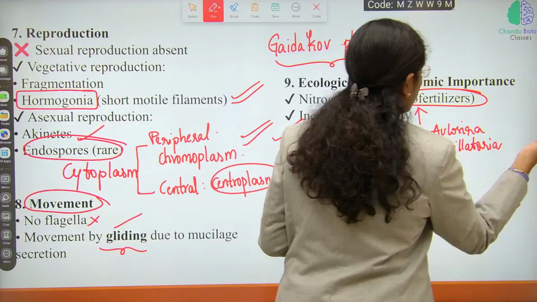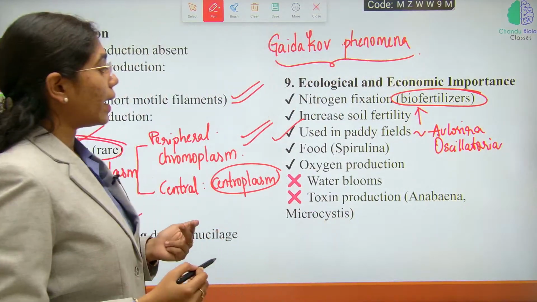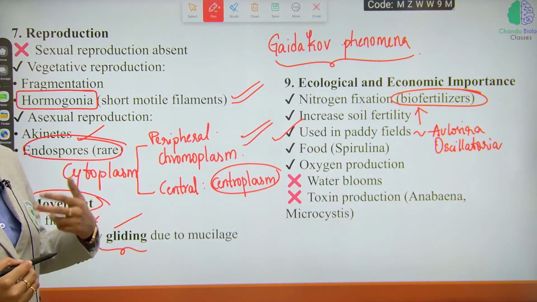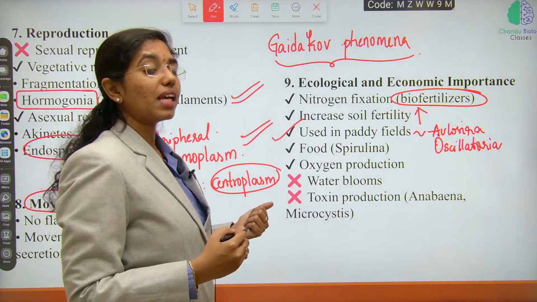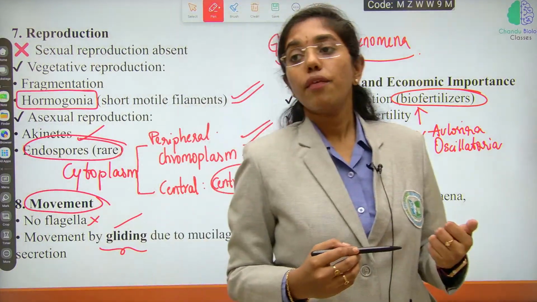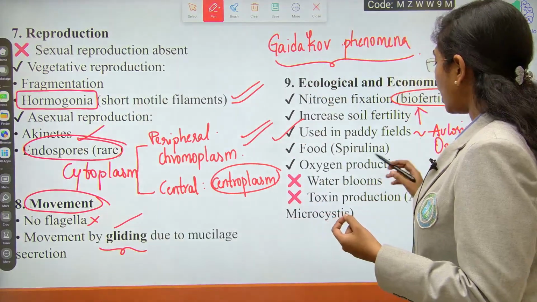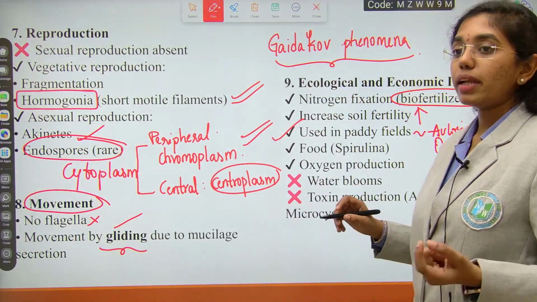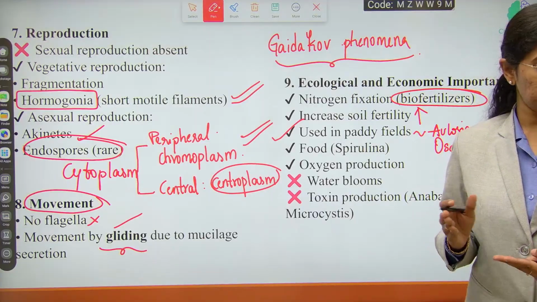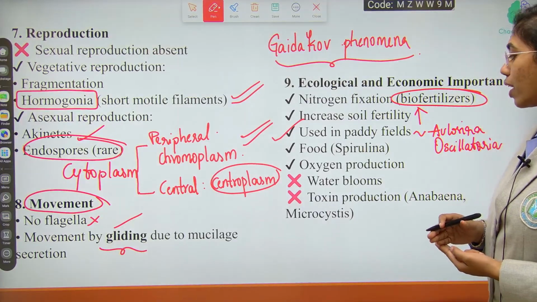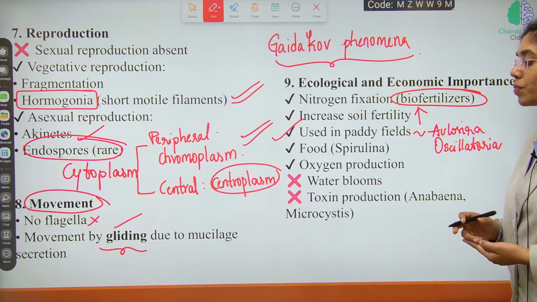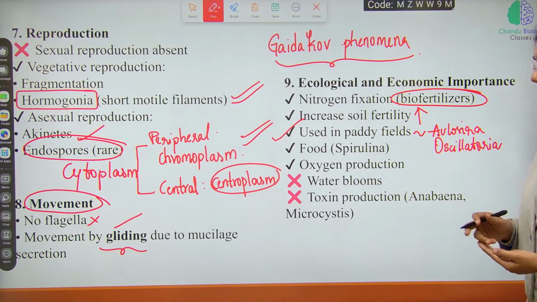And then food by space travelers. Astronauts will be using single cell proteins like spirulina and chlorella, used as SCP for food purposes. They are used as food supplements.